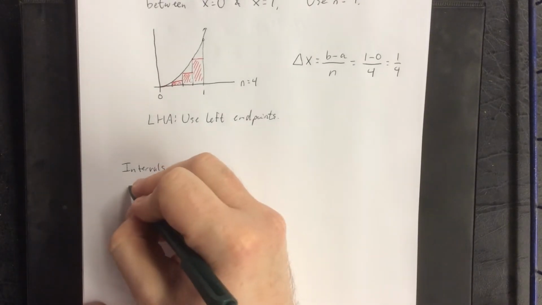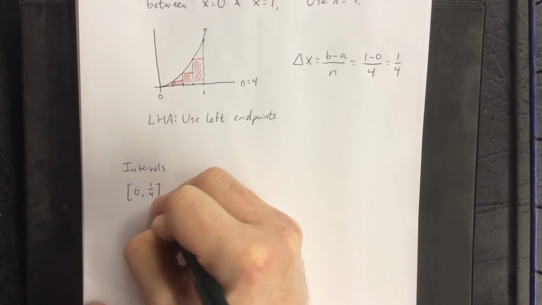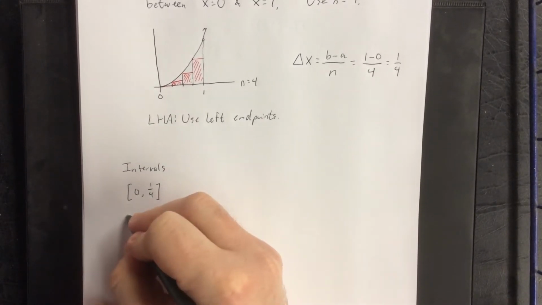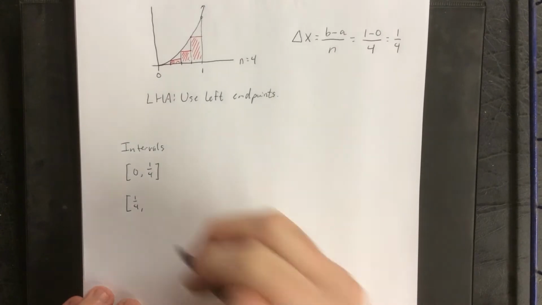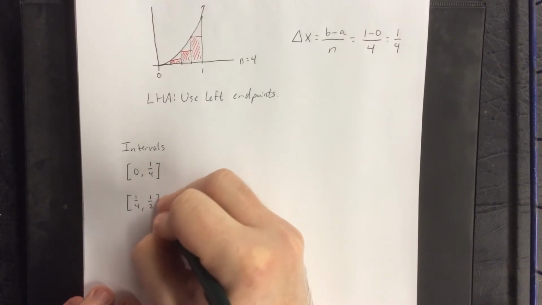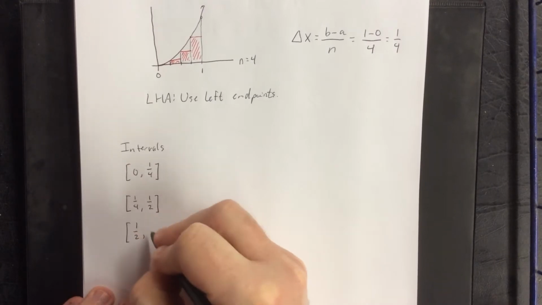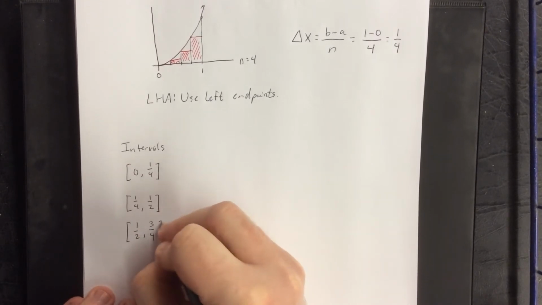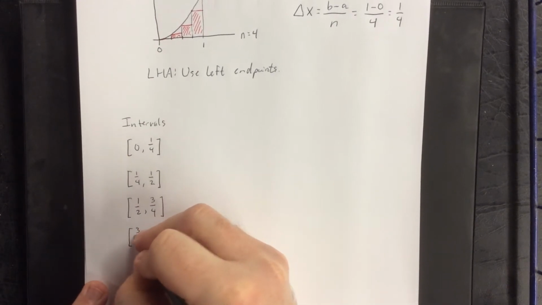So the first interval starts at 0 and will go up to 1/4. The second interval will start at 1/4 and go up to 2/4, 2/4 being equal to 1/2. Third interval will go from 2/4 to 3/4, and the last interval will go from 3/4 to 1.